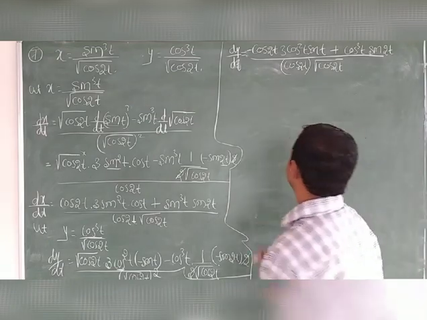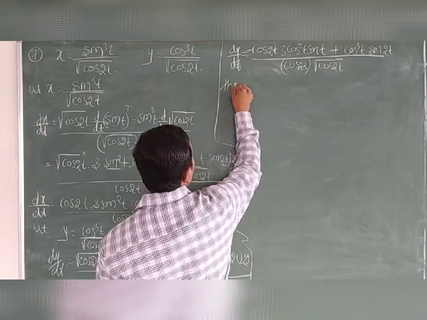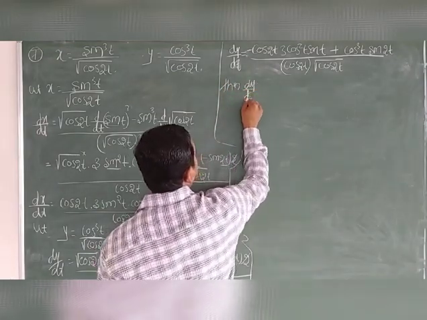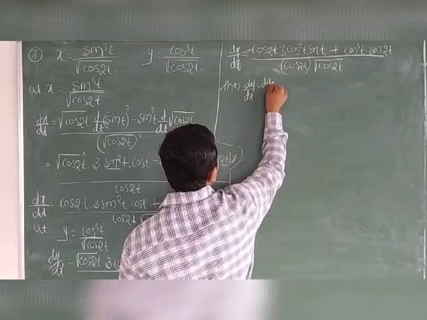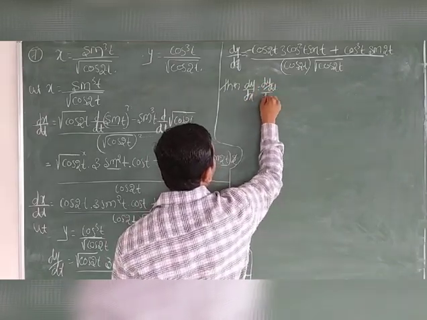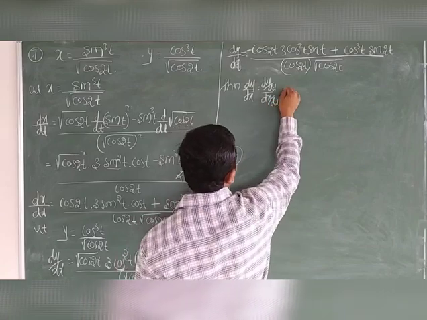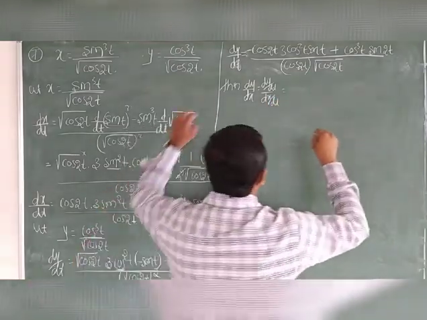Then we find dy by dx. Then dy by dx equal to, I can write dy by dt divided by dx by dt. That is equal to, first we write dy by dt. What is the derivative term?